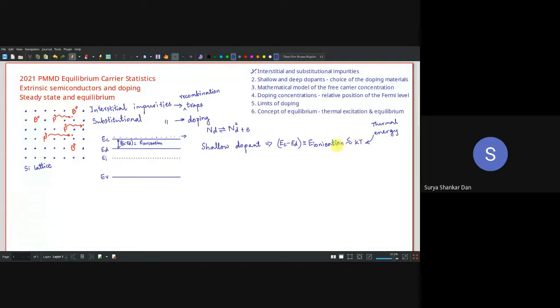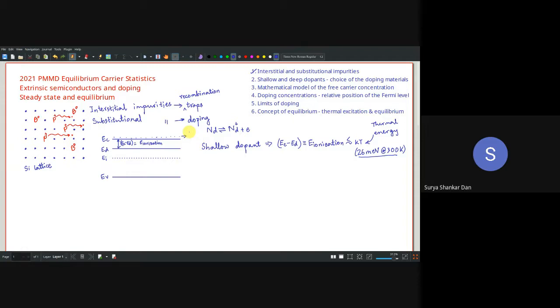We all know the thermal energy is 26 meV at 300 K. Here capital K is Kelvin, small k is kilo. If it is less than 26 meV, then at room temperature we can be assured that all the phosphorus atoms have ionized.